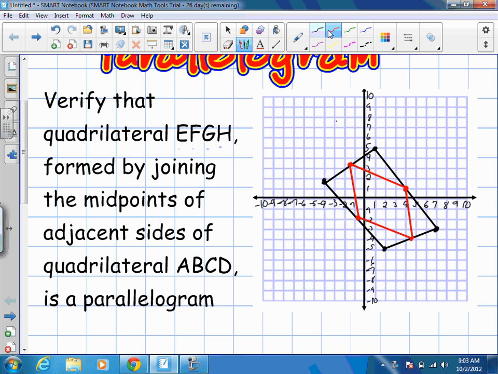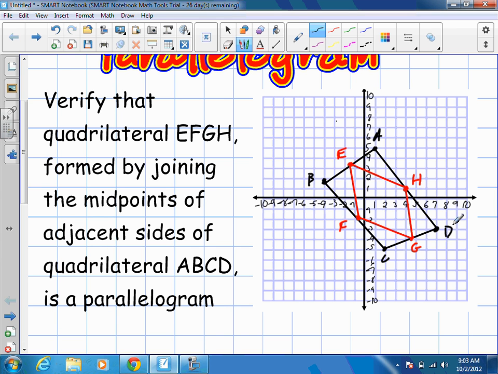So what they're saying is these midpoints, we'll call this E, F, G, and H, are a quadrilateral that is formed by getting the midpoints of A, B, C, and D. The quadrilateral in black is ABCD, and the one in red is EFGH.